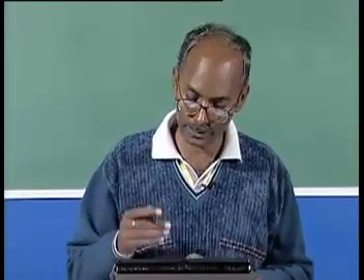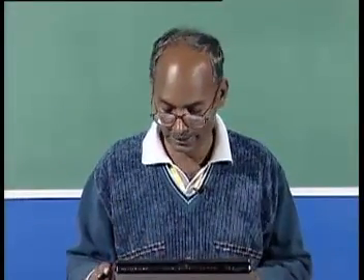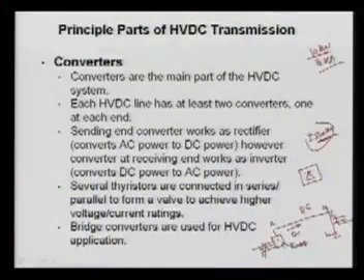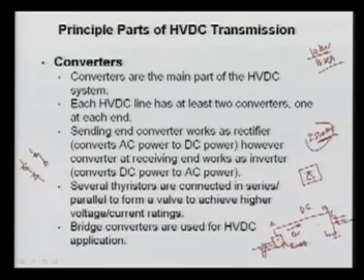So we have to go for series and parallel addition of these, and that is called one valve. You normally know the bridge converters. If this is your bridge converter, or you can say bridge rectifier, with 3 phases, we have the 3 upper and lower ones, 1, 3, 5 and 4, 6, 2.